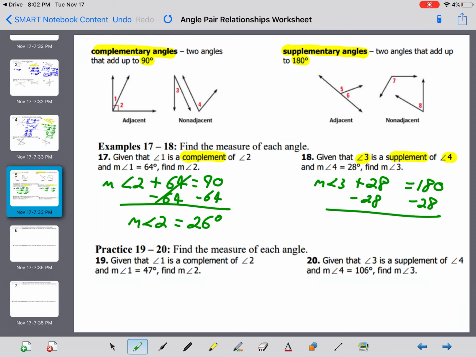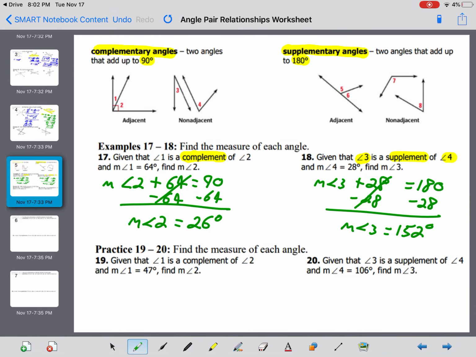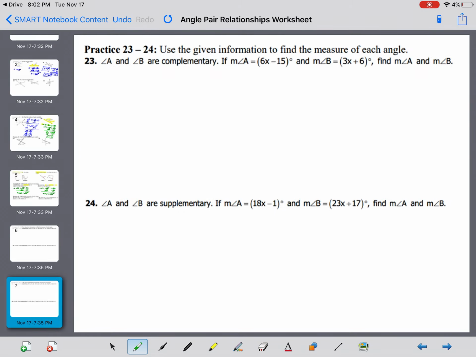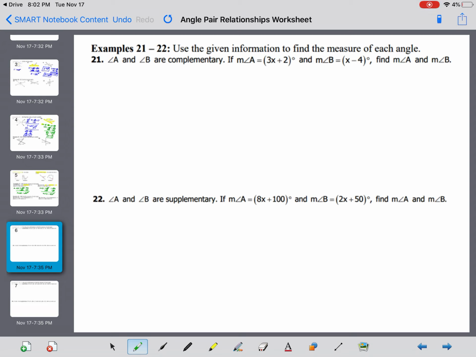Subtract 28 on both sides, and the measure of angle 3 is equal to 180 minus 28, which makes 152. Okay, use the examples in 17 and 18 to complete 19 and 20. 21 and 22. Let me just see here. Okay. Use the information given to find the measure of each angle.